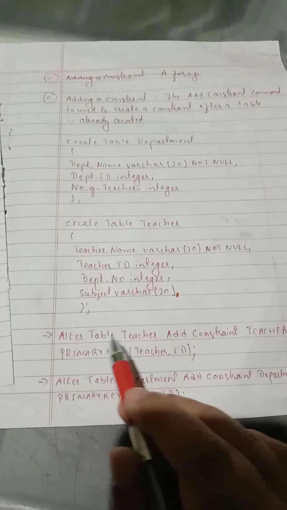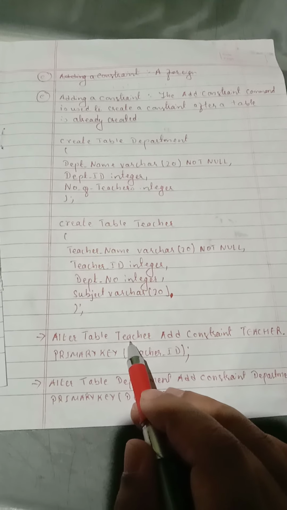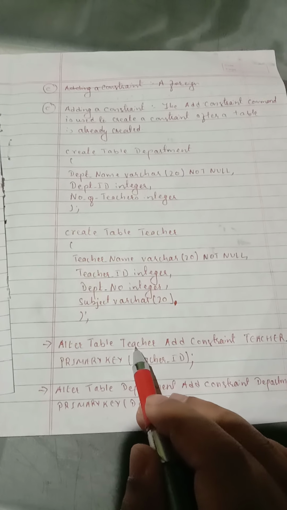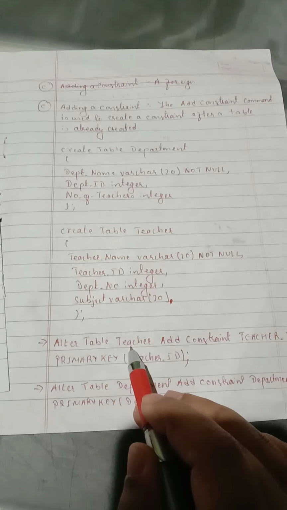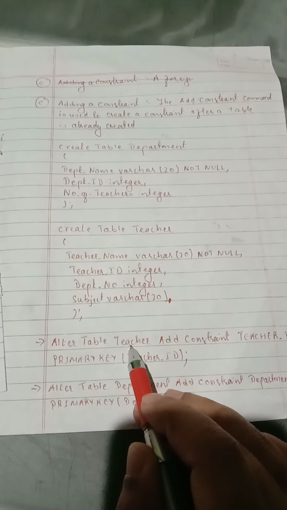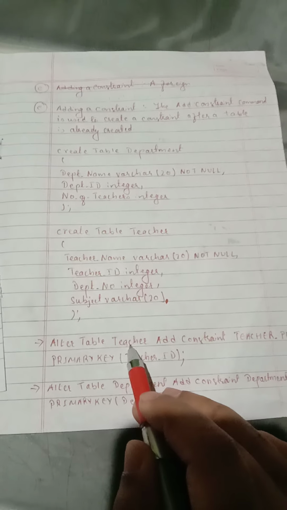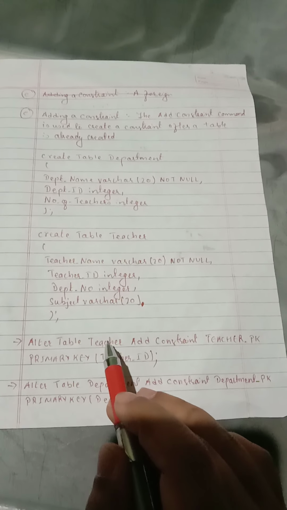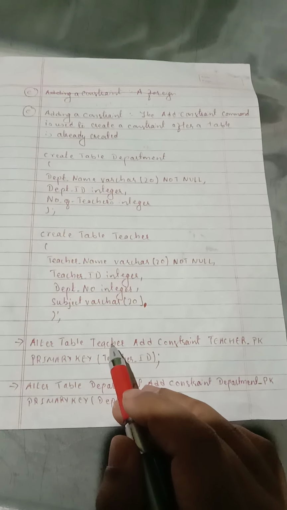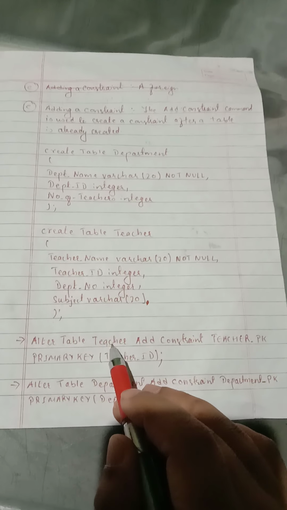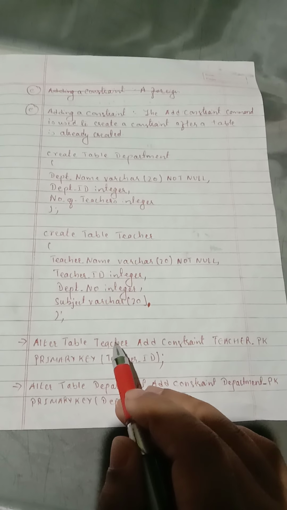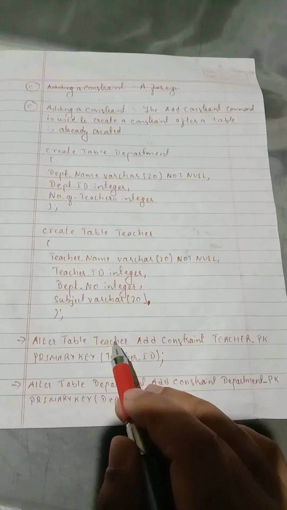So alter table teacher. I have specified the teacher table, because in this table I need a primary key constraint. I have to mention the table, so the table is teacher.